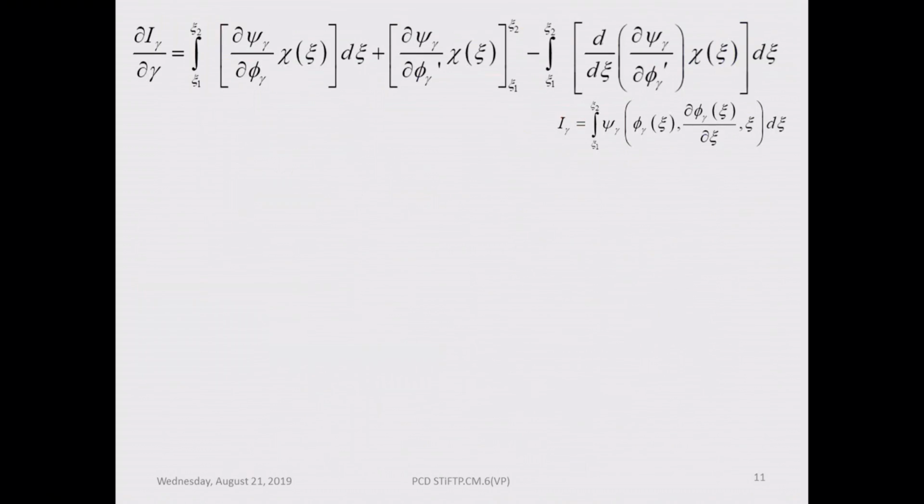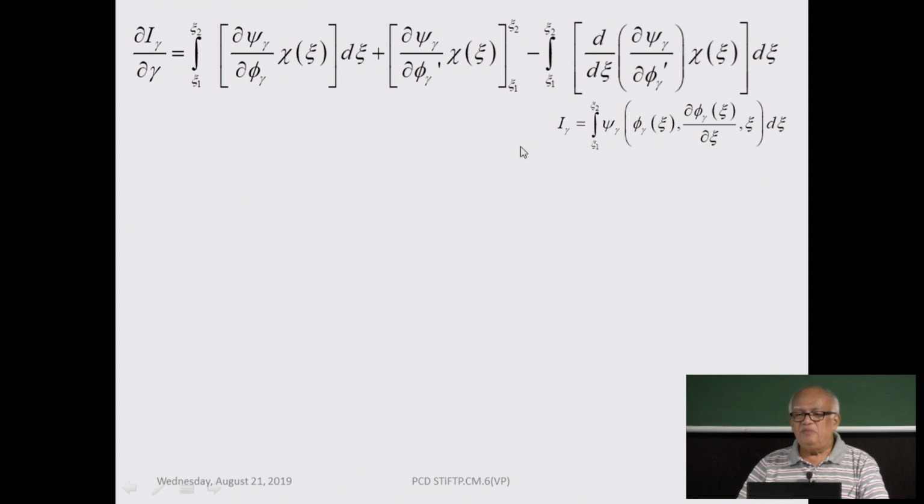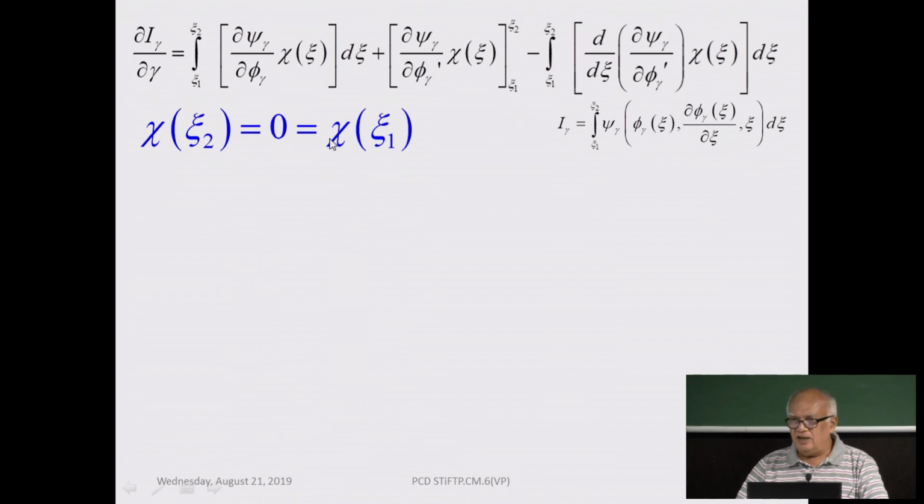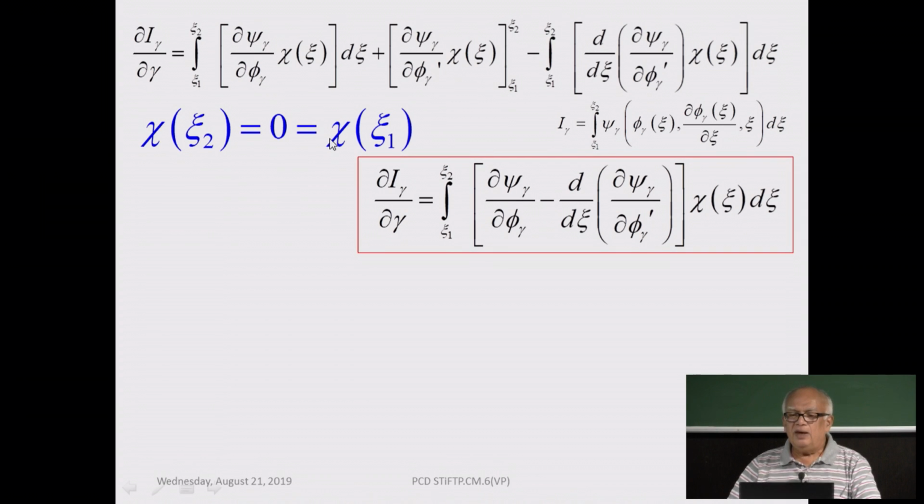So, you get rid of this middle term. This is the term which will go to 0, because at the end points the chi's are fixed, they are not changing with xi over there, and that is what leaves you with only two terms, the first and the third term, which we have now combined over here.